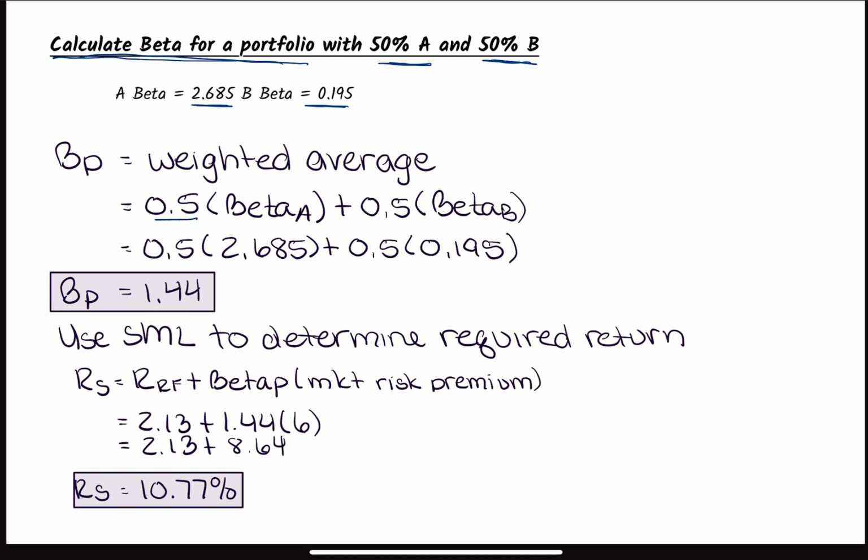So we have 50% of the beta of stock A plus 50% of the beta for stock B. So we're going to multiply 50% of 2.685 plus 50% of 0.195, the beta for B. And in this case, we have a beta of 1.44.